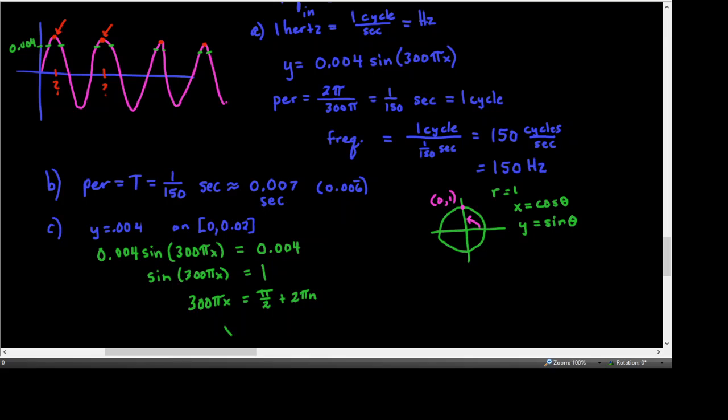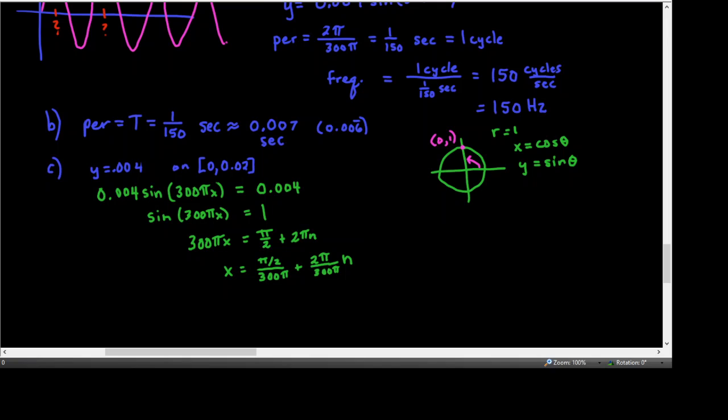So to solve for x, we're going to divide both sides by 300 pi. Okay.